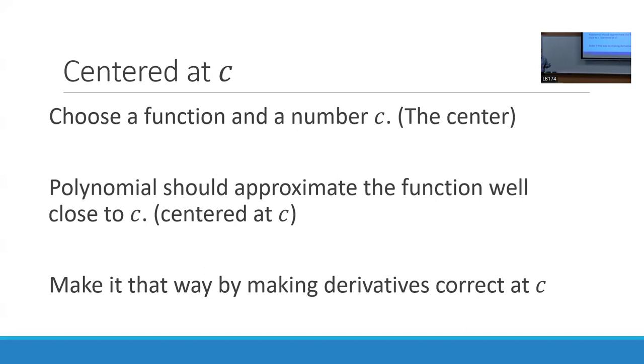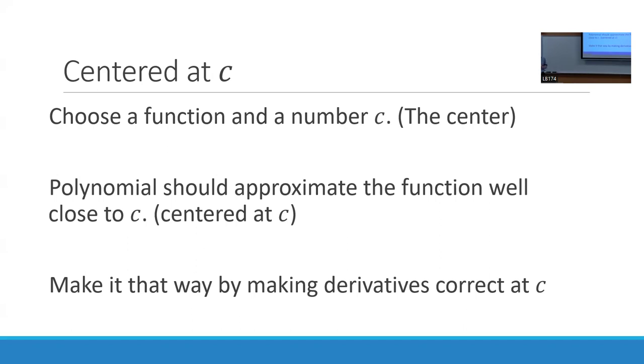Well, all of them that the polynomial can take on. If the polynomial is a constant, then the first derivative becomes 0 and we don't deal with it. If the polynomial is linear, then we make the first derivative correct. If the polynomial is of second degree, we make the first derivative and the second derivative correct.